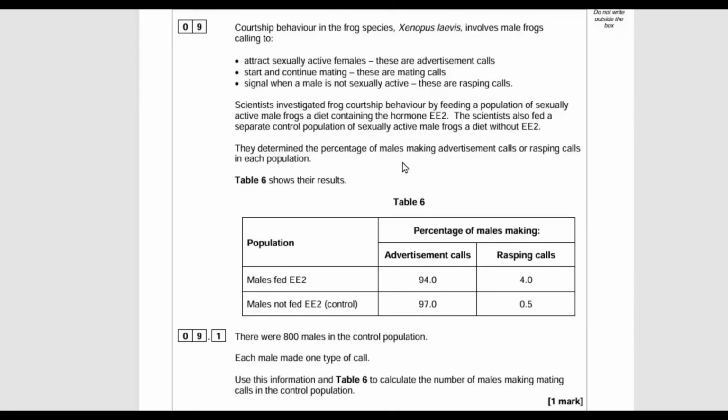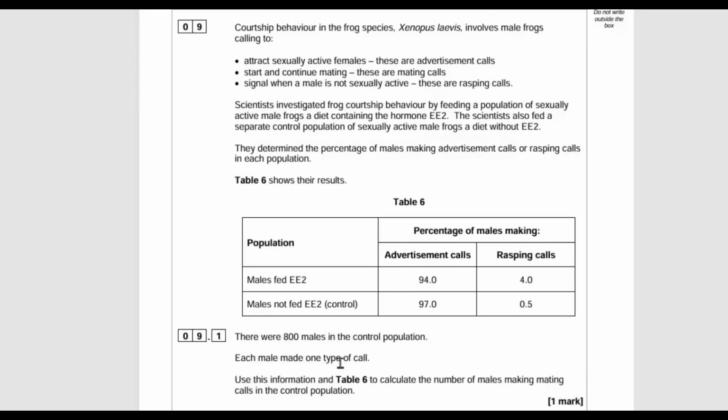They determined the percentage of males making advertisement calls or rasping calls in each population. So they did the advertisement, the top one, and the third one, the rasping call, but they didn't do the mating calls.